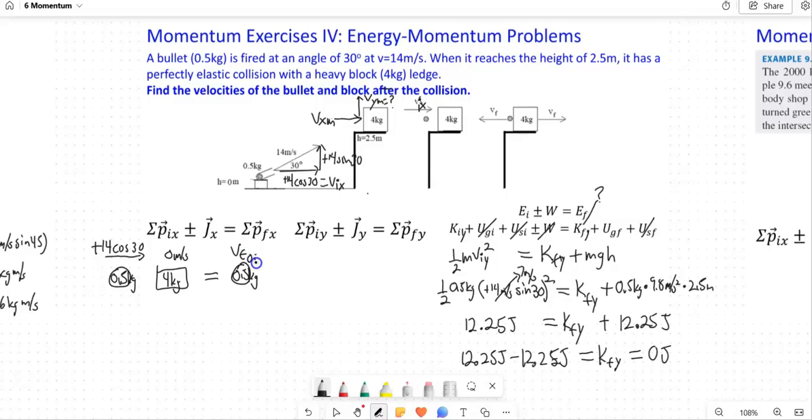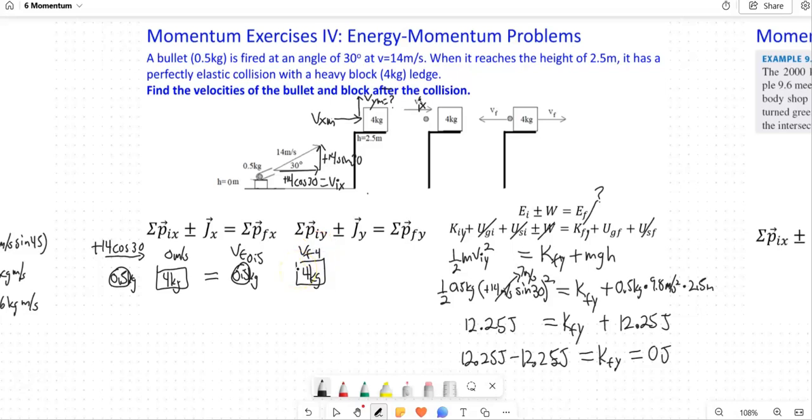And I'll put 0.5. And then we need to figure out the velocity in the x direction of the 4 kilogram block. The final velocity, 4 kilograms.